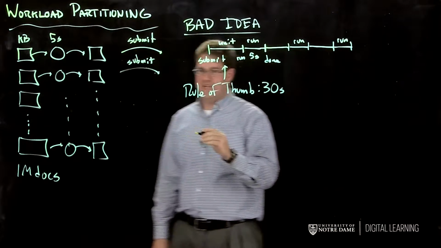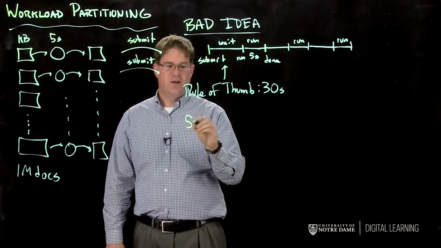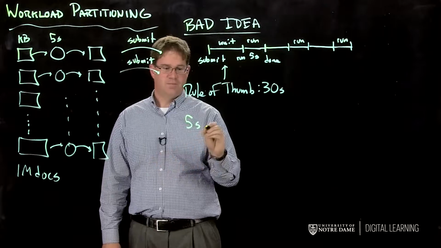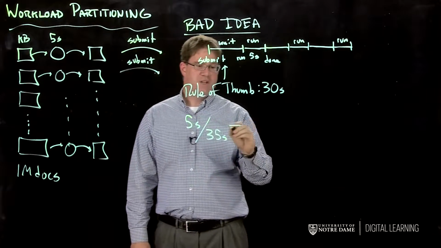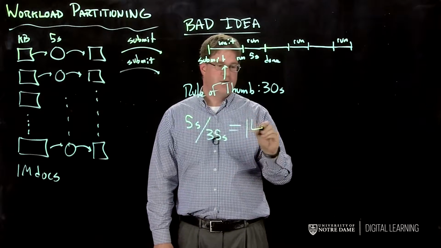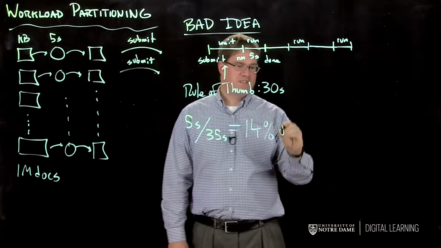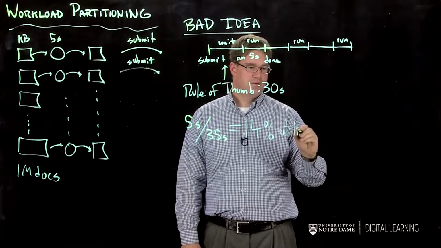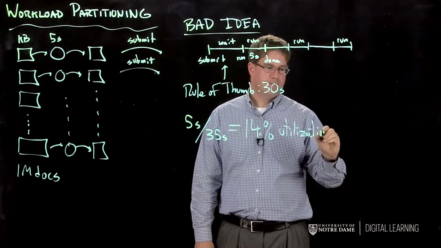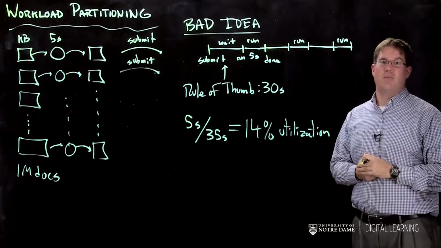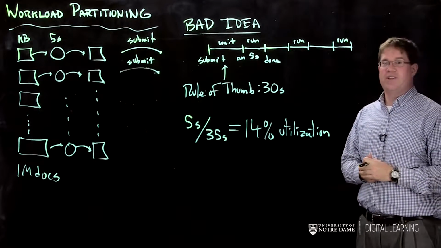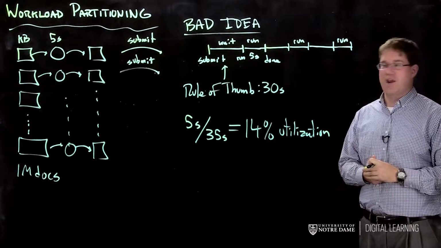Well, what we're going to see is that for every 5 seconds of runtime, we have 35 seconds of real time. And that means the actual utilization of the cluster is going to be 14%. And that's terrible. That means the cluster is spending most of its time waiting around and scheduling jobs, and a relatively small fraction of time actually running jobs.